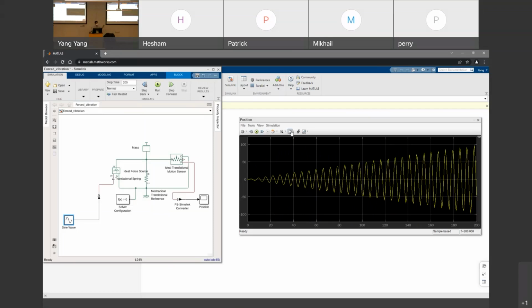This is called resonance. With time going, the amplitude keeps increasing. This is resonance.